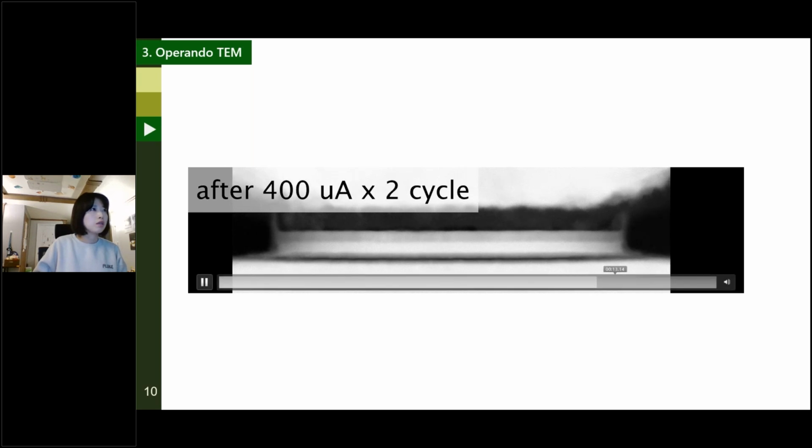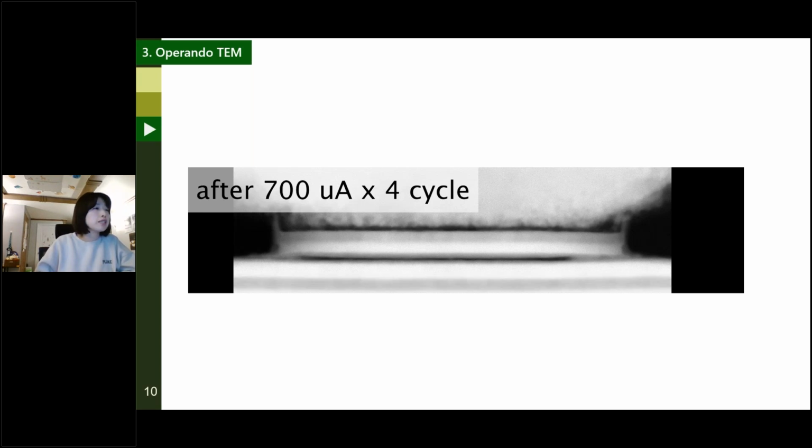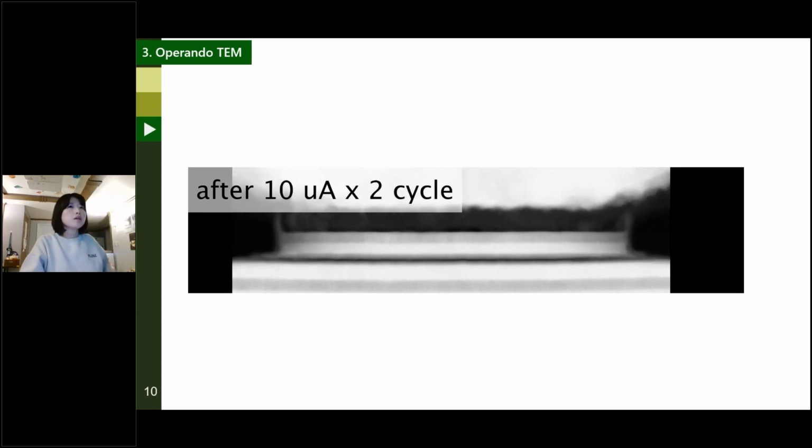As we apply the current, the structure shows some changes. It's not clear, and I will talk about it in more detail later. But this structural change shows that a proper electric path is made, and the in-situ biasing experiments are carried out properly.